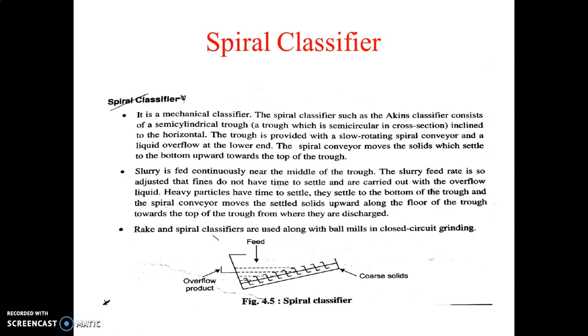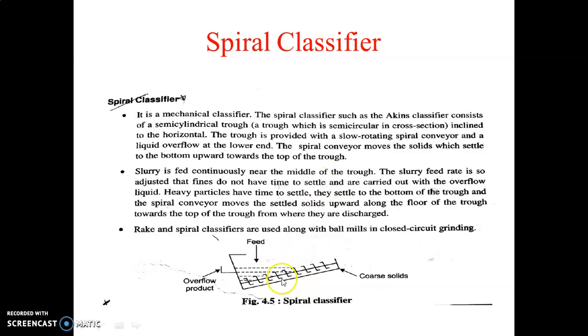Then there is another classifier known as the spiral classifier. The working of the spiral classifier is the same, but here, instead of rakes, spirals are used, and the tank has a semi-cylindrical trough. The trough has a semi-circular cross-sectional area, and it is inclined to the horizontal, making some angle with the horizontal.